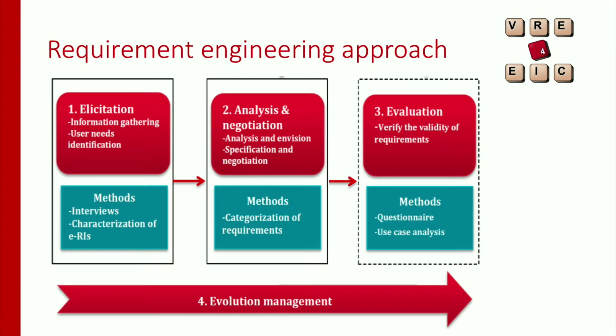The first step, requirements elicitation, helps to discover and conceptualize system requirements through information gathering and user needs identification. Once the initial set of user requirements has been formulated, the requirements need to be detailed, discussed, and agreed by stakeholders in the second step, namely the analysis and negotiation phase. In this lecture, I will explain the first two steps applied to VRE requirements research.